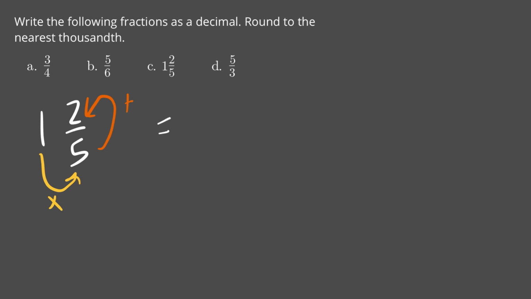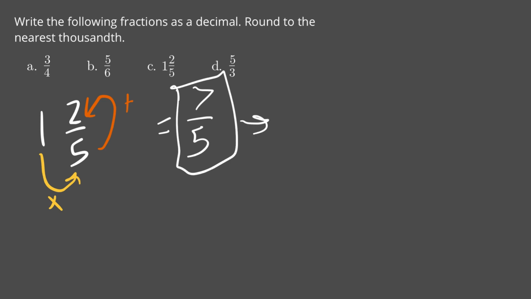So that'll give us 1 times 5, which is 5, plus 2, 7. 7 over 5. Now, since we have a fraction, we can do long division. Again, the denominator goes on the outside, the numerator goes on the inside. 5 goes into 7 once, giving us a 5. We can subtract it out and we get a 2.